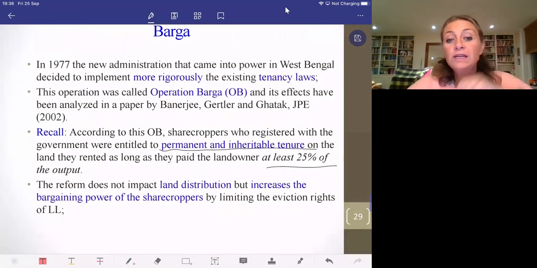So the reform did not impact the land distribution, but it changed the bargaining power of the sharecroppers because they couldn't be evicted by the landlord using as an excuse the low performance or the not paying of the rent.